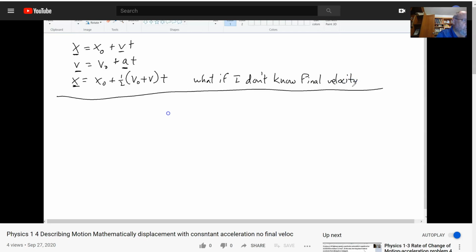So what I want you to write down is that you do know a formula that puts final velocity in terms of initial velocity and acceleration in time.